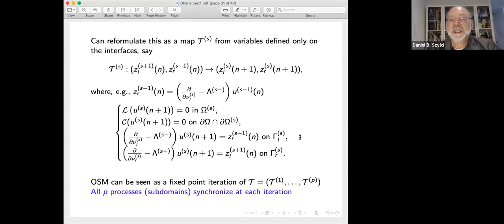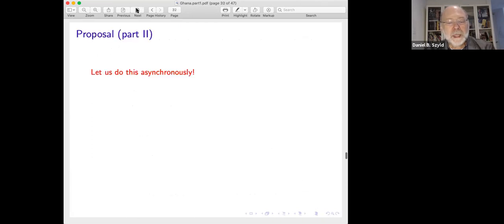And then we'll all start again. This is called a synchronization point. Everyone synchronizes at the end of the iteration. And my second proposal is, let's do this asynchronously.